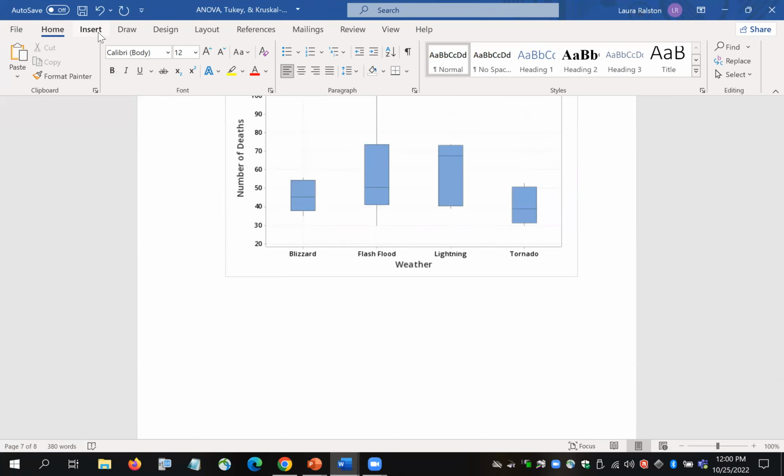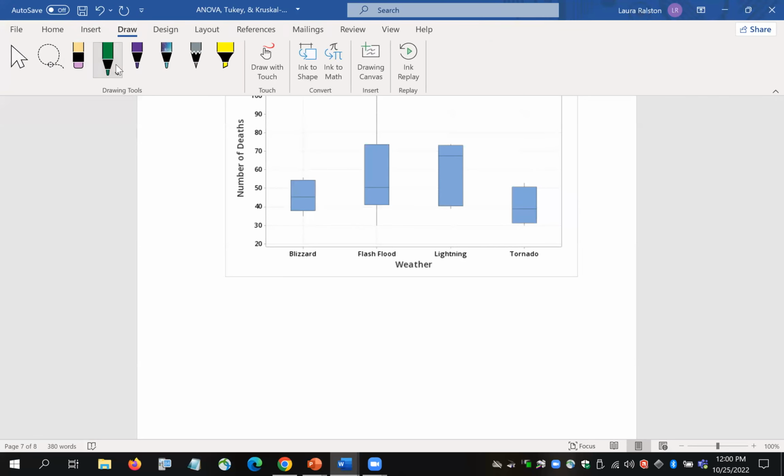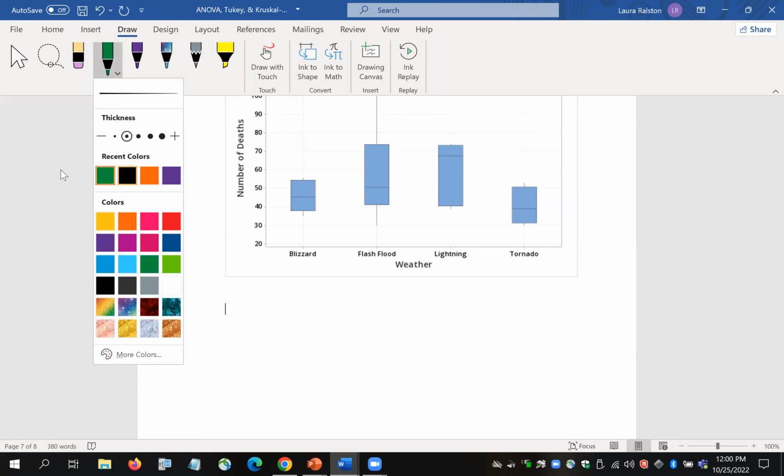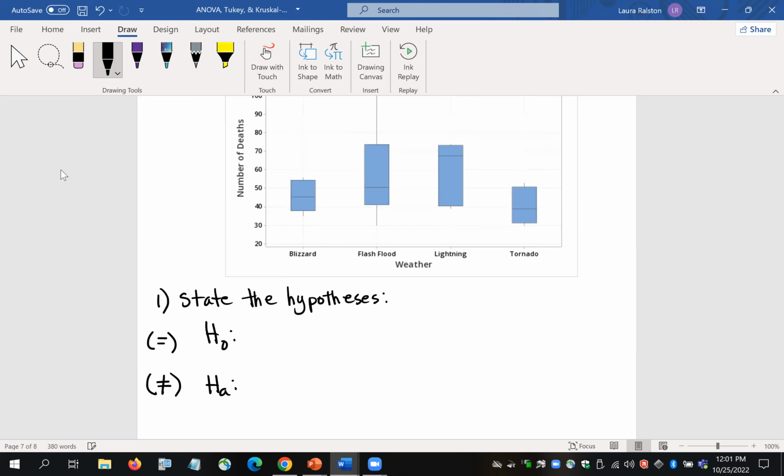So we go to our first step in any hypothesis test, which is to state the hypotheses. Even with Kruskal Wallis, the null will imply equal, the alternative will imply not equal.